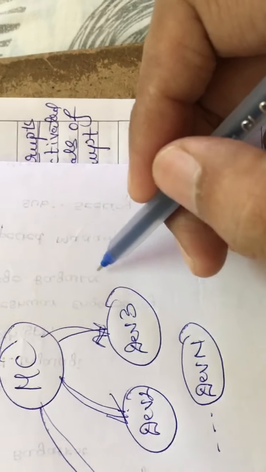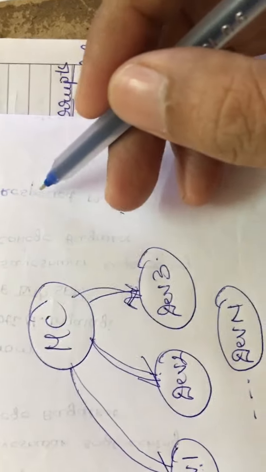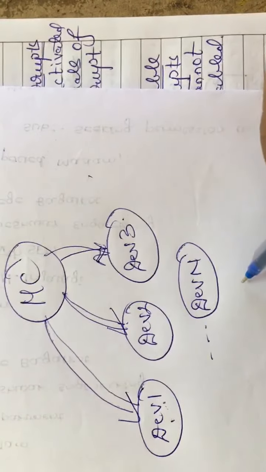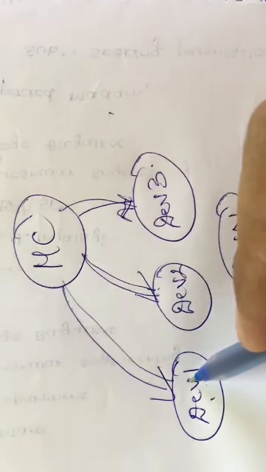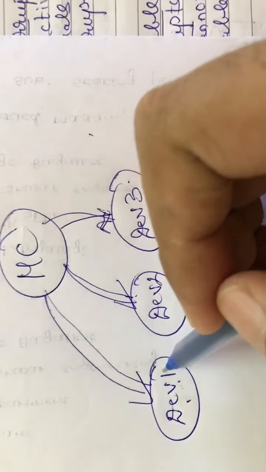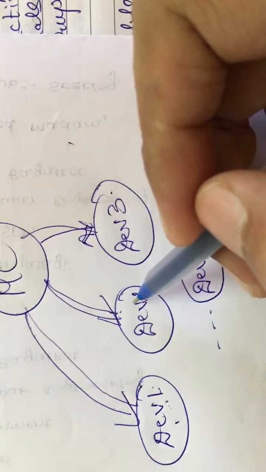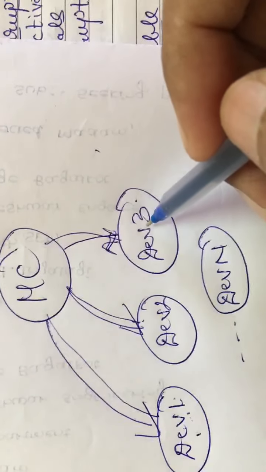Then after device 3, it will go to device 4, next device 5, device 6, 7, 8, up to n. What I intend to tell you is that it starts from device 1. Until device 1 is completed, it will not move to device 2, and until device 2 is completed, it will not move to device 3.